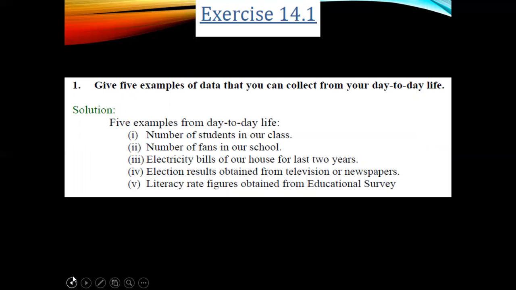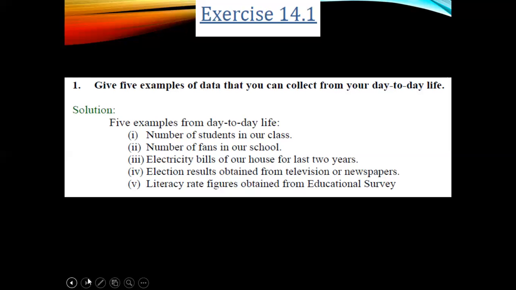Now, the second example that I stated: if I ask you what is the number of fans that we have in our school or say at your home, you can actually count the number of fans and get a number, get a data. So that is again an example of a primary data. How about the third example that I gave you?